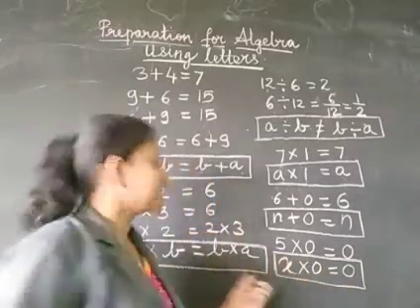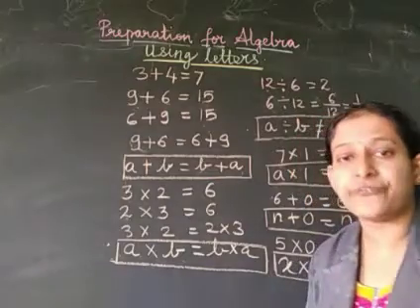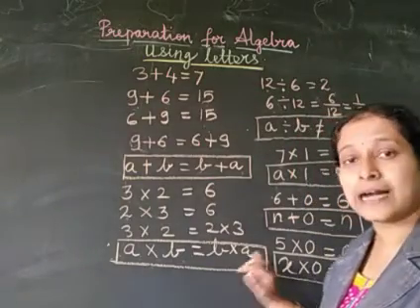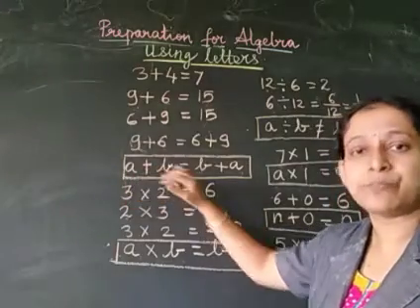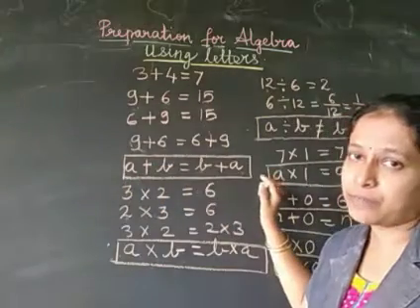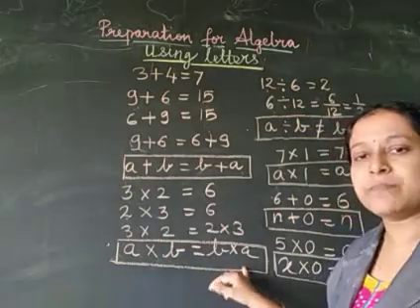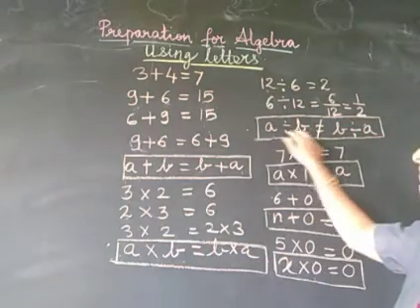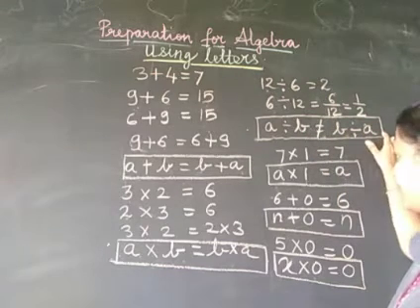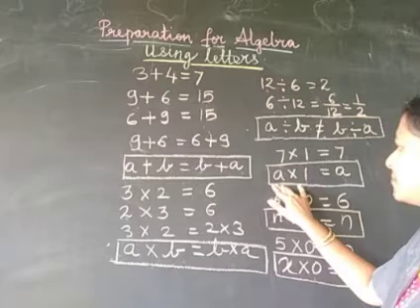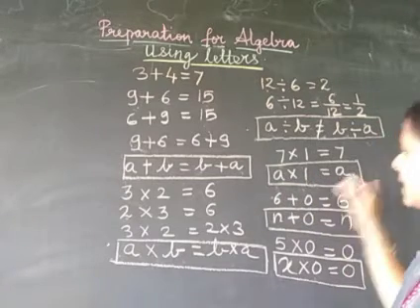So you can see that with the use of letters we can have so many different formulas, and these formulas are always true. We can always say that a plus b is always equal to b plus a. Even a multiplied by b is equal to b multiplied by a, whereas a divided by b is never equal to b divided by a. Then any number multiplied by 1 is always the number itself.